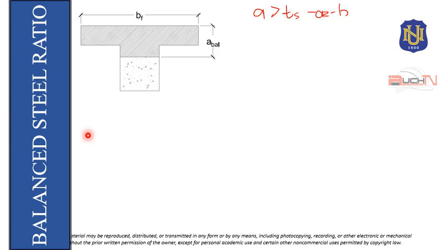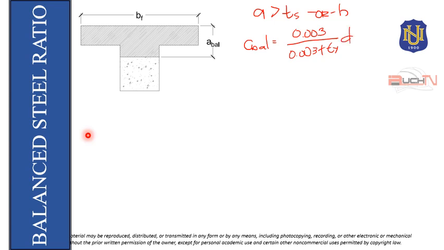Pwede nating kunin yung rho balance from equilibrium equation. Then, pwede din natin kunin coming from method 2. So, para makuha natin yun, syempre, dadaan ka pa rin sa part kanina na kukunin mo yung value ni C balance coming from the strain, which is, ang mapapalabas natin yung 0.003 over 0.003 plus E sub Y, times D. Dito natin makukuha si C balance.